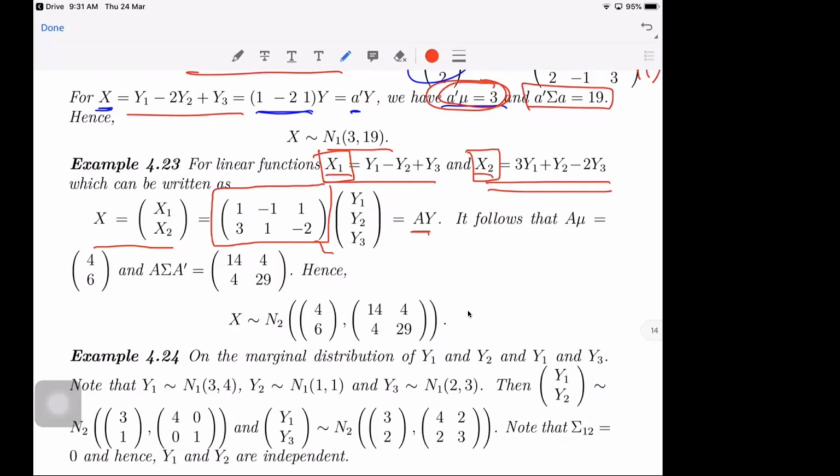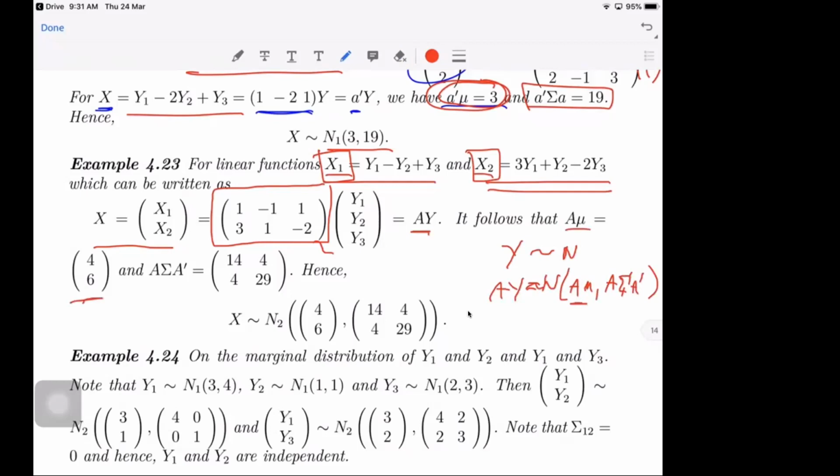So for example, you have a y which is normal. What will happen to A y? Still normal, with parameter A mu, and variance A sigma A prime, no? If you recall from the results. So that A mu here will be 4, 6.